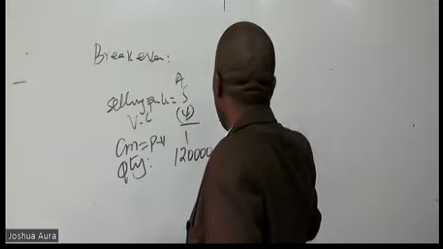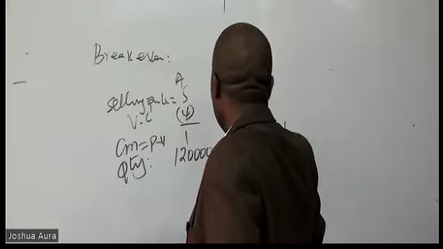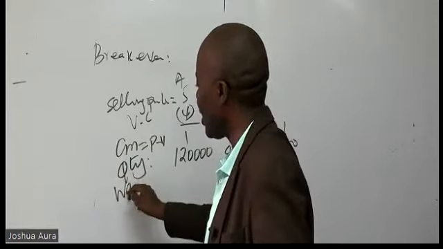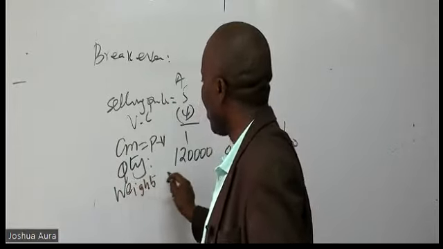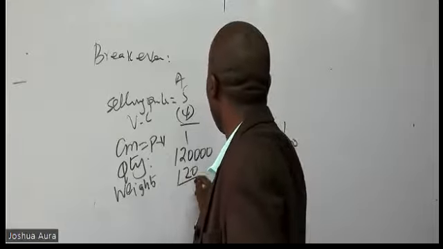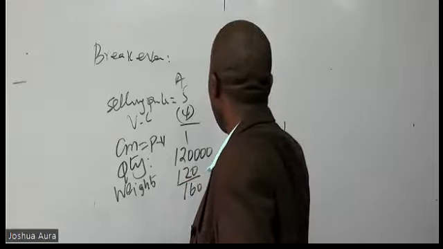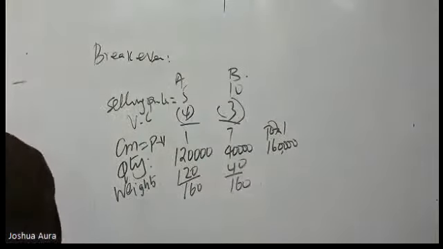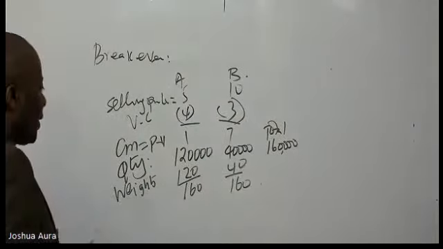So the total, they have said, is 160,000. From this quantity, I should be able to get the weights: 120 over 160, and 40 over 160. So I am using the total quantity to get my fractions.